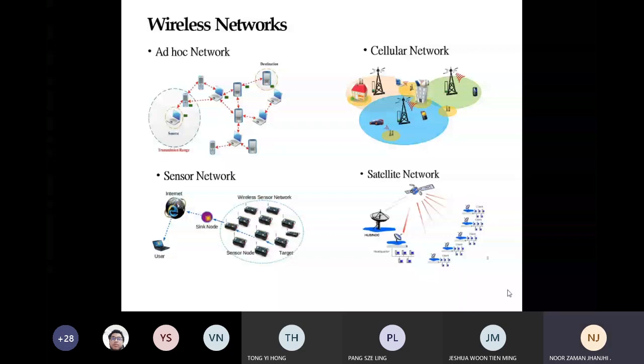The fourth is the satellite network, which we use in our daily life on a daily basis so many times. Even watching your TV channels uses satellites, and so many other types of wireless networks. Here we show you a few of them, so you understand what type of wireless networks we mean.